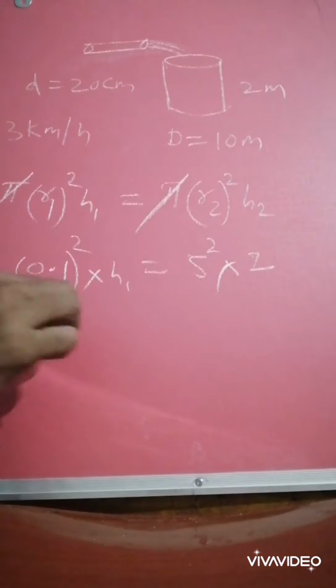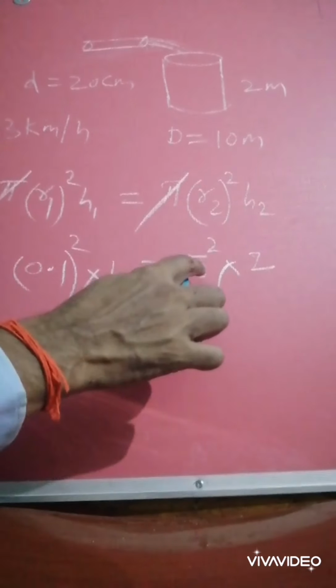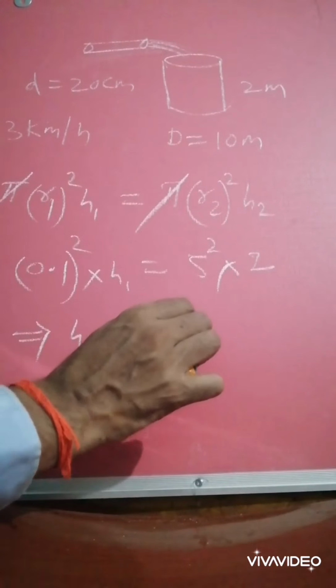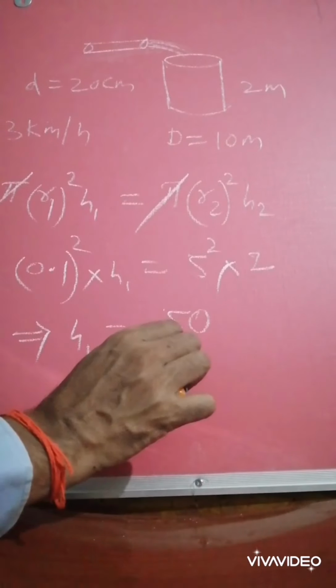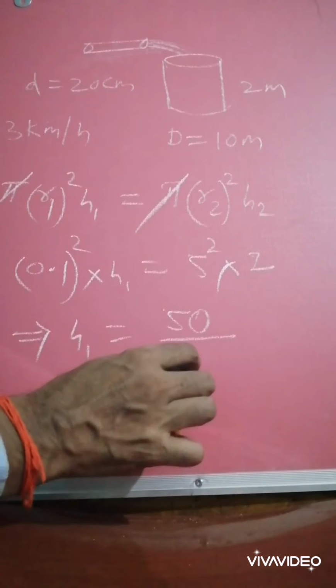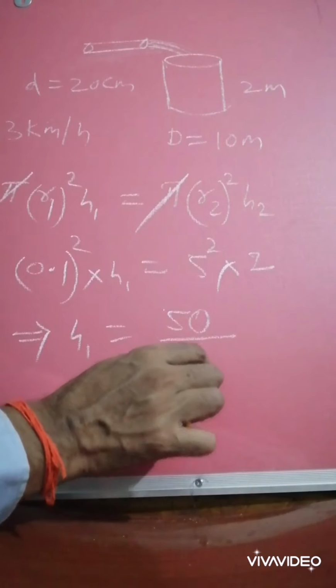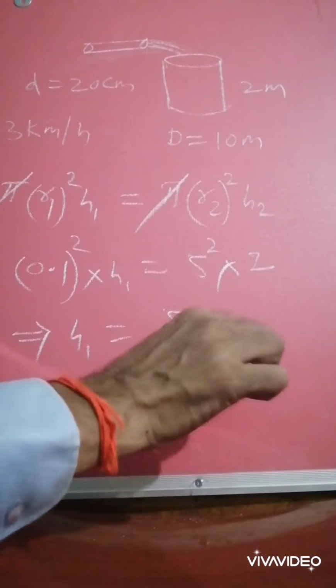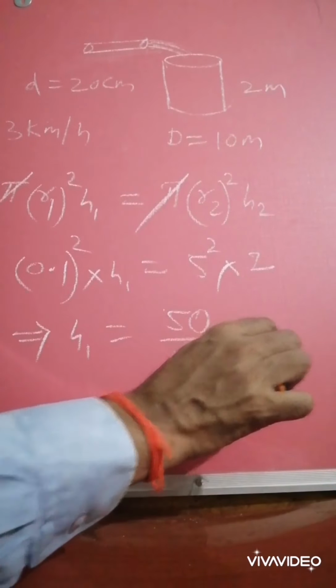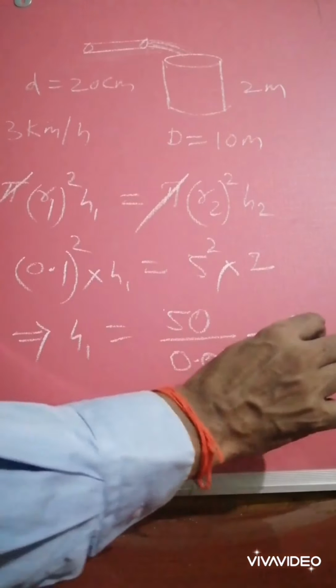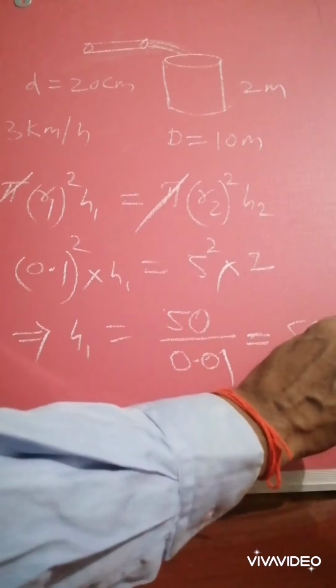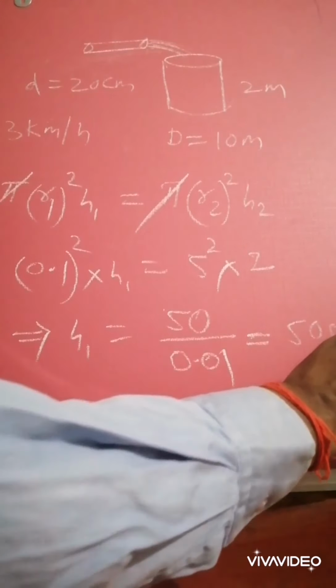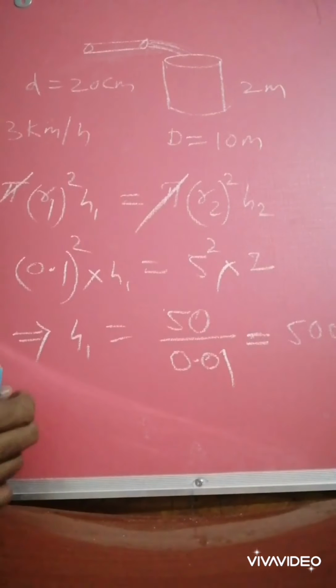So H1 is equal to 25 into 2, that is 50, divided by 0.1 whole square, that is 0.01. So it is 5,000 meter, the height.